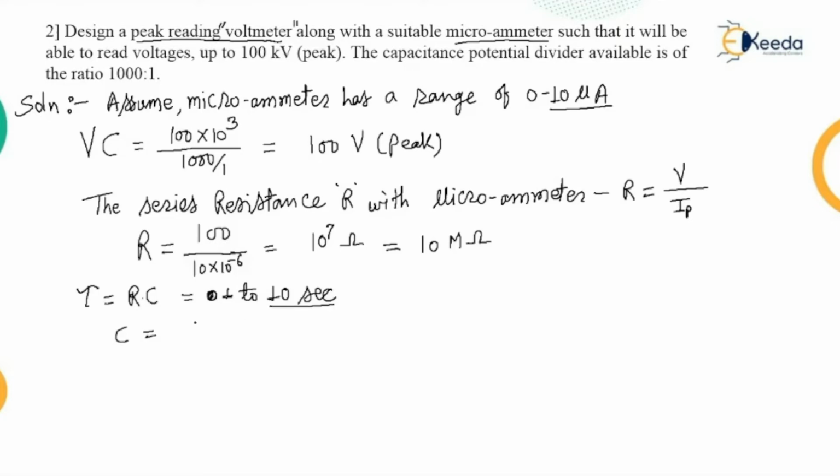Therefore C can be calculated as 10, the maximum limit, divided by R. So C is 10 upon 10 mega ohms, which means 10 to the power 7 ohms. Again this 10 gets cancelled.